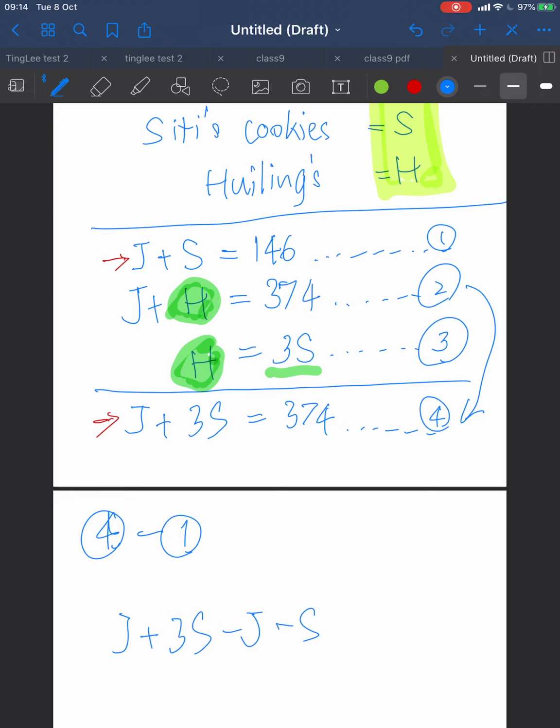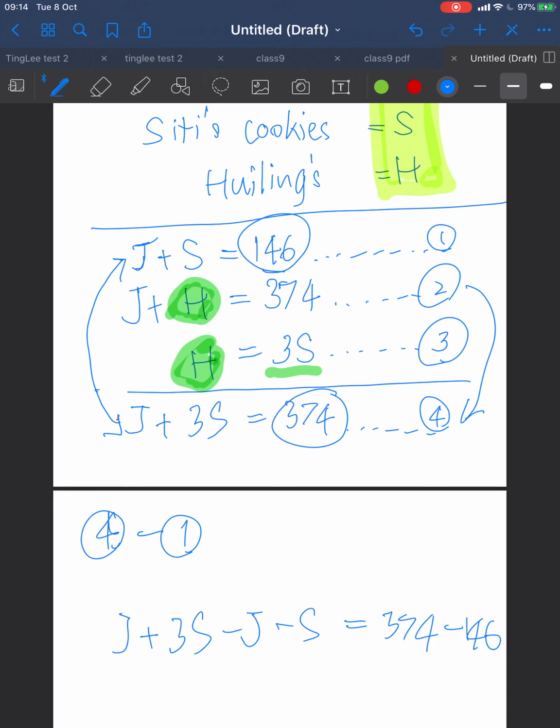So we are going to minus these two figures, j minus j and 3s minus s, and that equals this minus this, 374 minus 146.